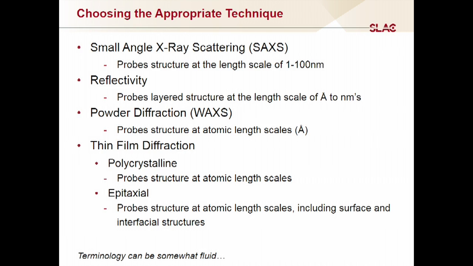Or epitaxial, where you're really looking at sort of a single crystal film on top of a substrate, where again you're looking at atomic length scales, including the surface and interfacial structures at an atomic level. And again, as I said, the terminology for all of this can be somewhat fluid. Whether or not you call something diffraction or wide angle scattering depends a little bit on who you're talking to. They're more or less interchangeable though.